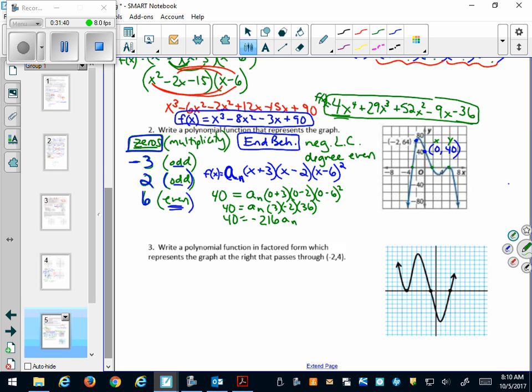That didn't come out the same as when I used the other point. Okay, that's okay. So when you solve for a sub n, then what do you get? Negative 5.4.